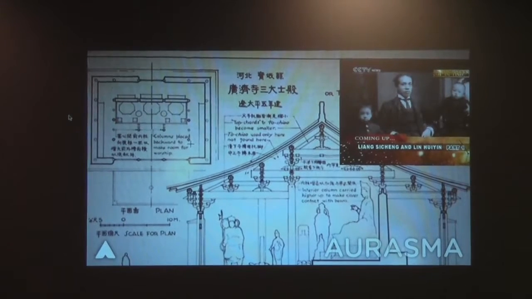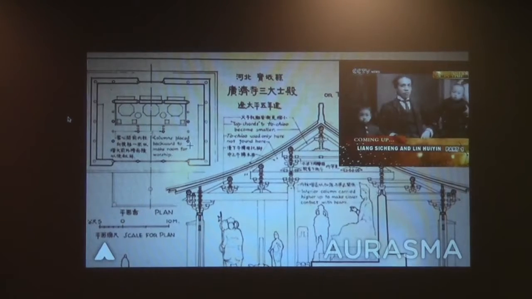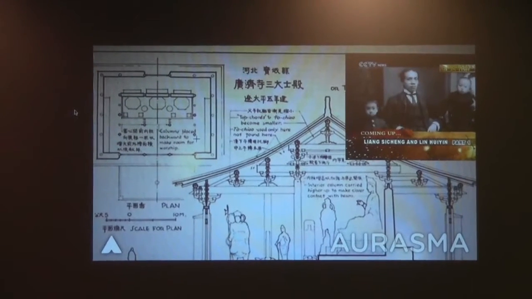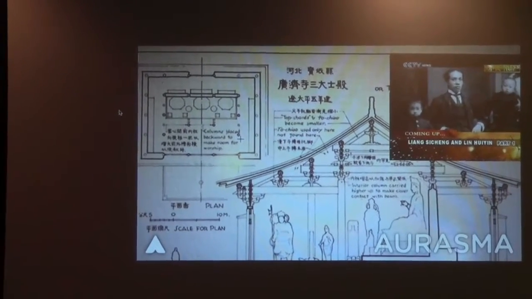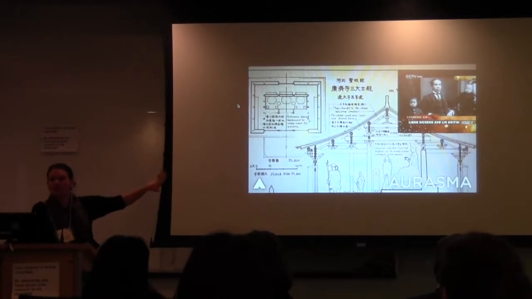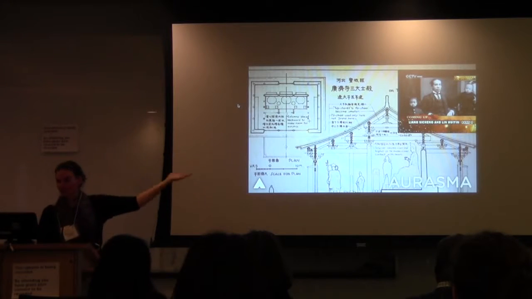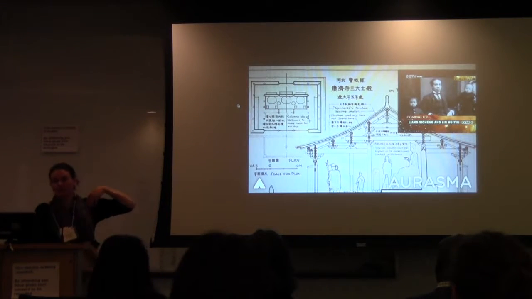It will play CCTV, China Central Television, made in English, a multi-part documentary about Liang Sicheng and his wife. So if you point your phone at this, it will play the documentary for you. There's a video layer that I dropped on top, so this is called a target image, which is what triggers your phone or any sort of smart device, so an iPad, to play the video.